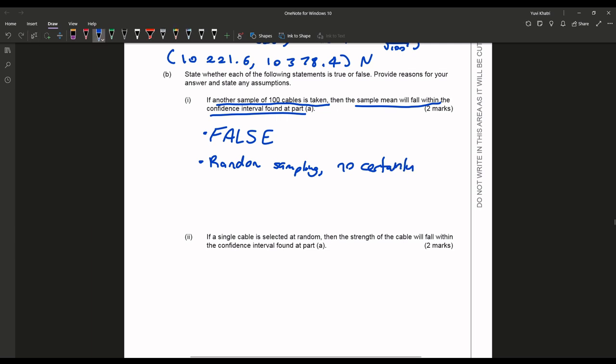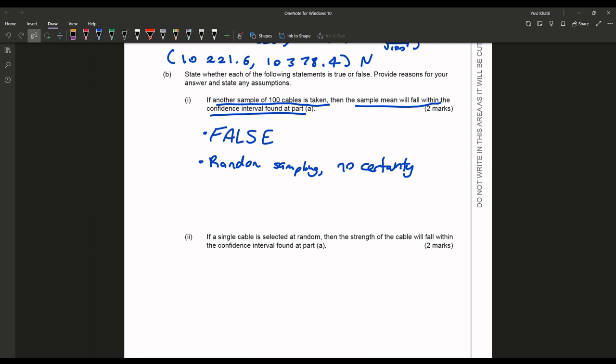Because we're selecting 100 cables at random, and so maybe you select 140 cables, which lowers the mean, and that's why it might not always fall within the confidence intervals. And that's why we can never be certain with random sampling.